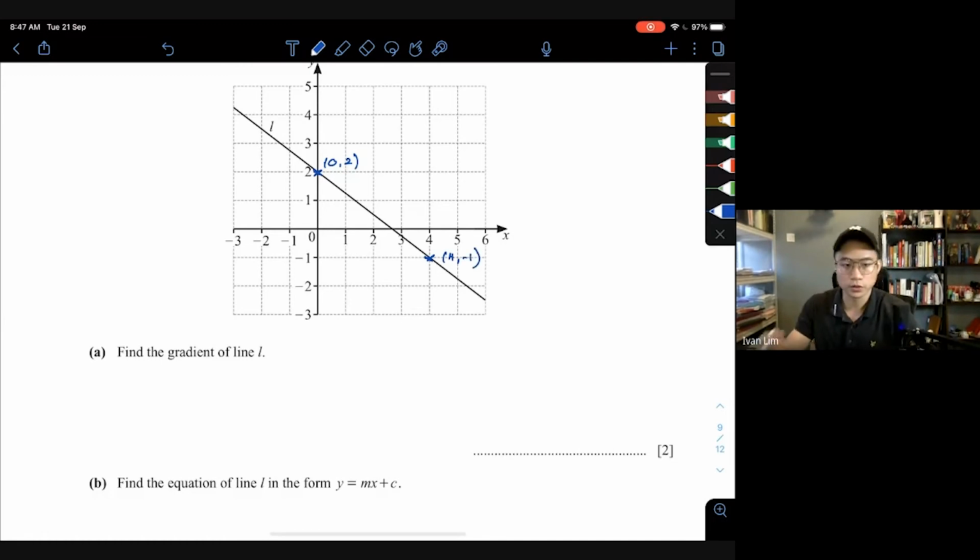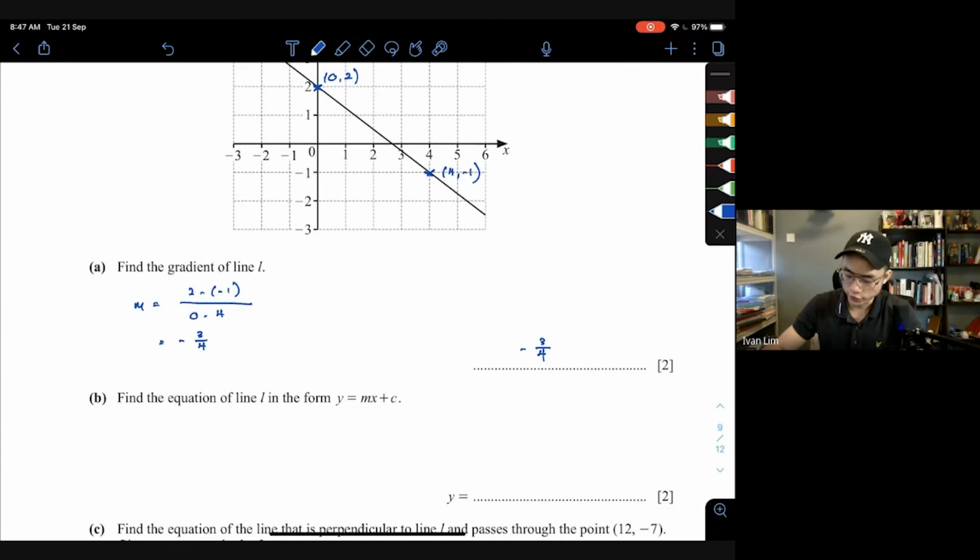Those that don't intersect nicely, don't use them because you can't even read them. So m equals y2 minus y1 over x2 minus x1, 2 minus minus 1 over 0 minus 4. You get -3 over 4. No other answers.